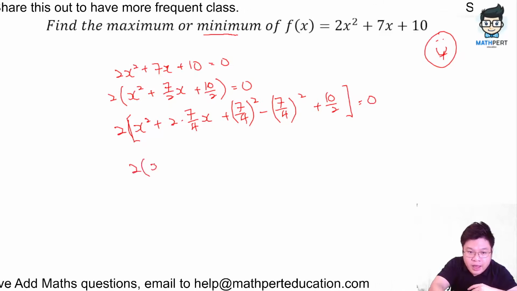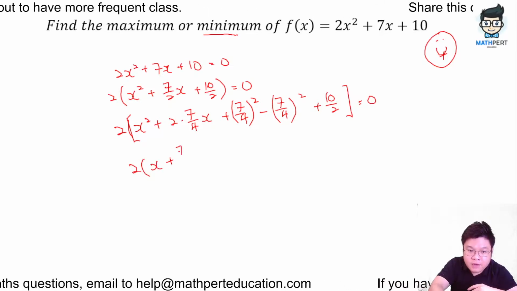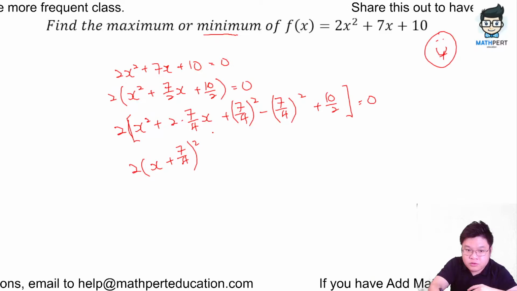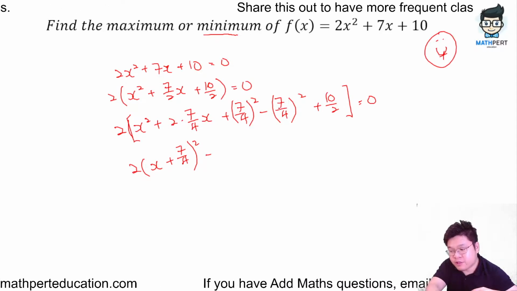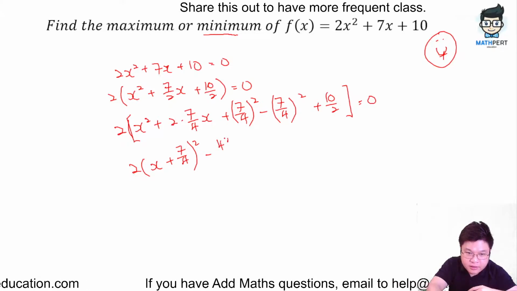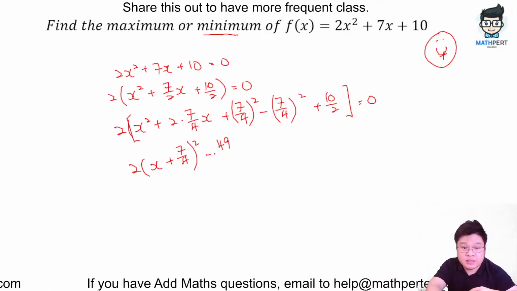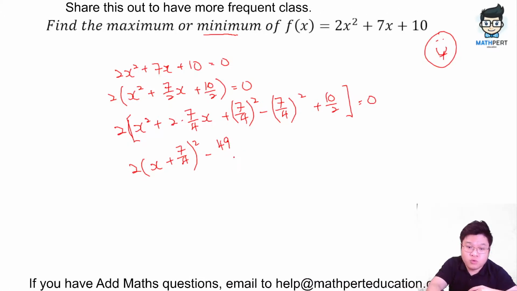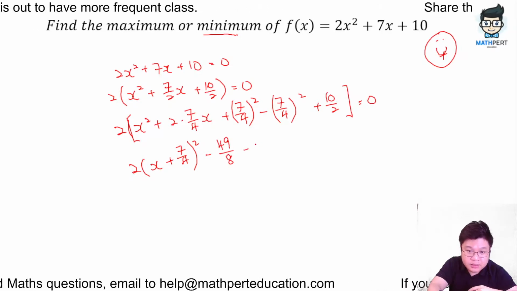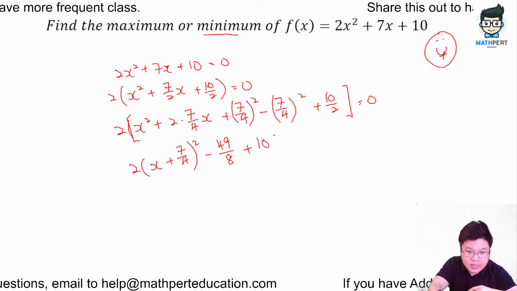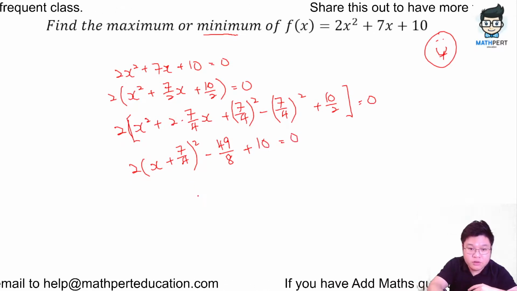Then x plus 7 over 4 squared minus 7 over 4 squared. 7 squared is 49, 4 squared is 16, 16 and the 2, we need to simplify. It will be 8, plus 10 equals 0.